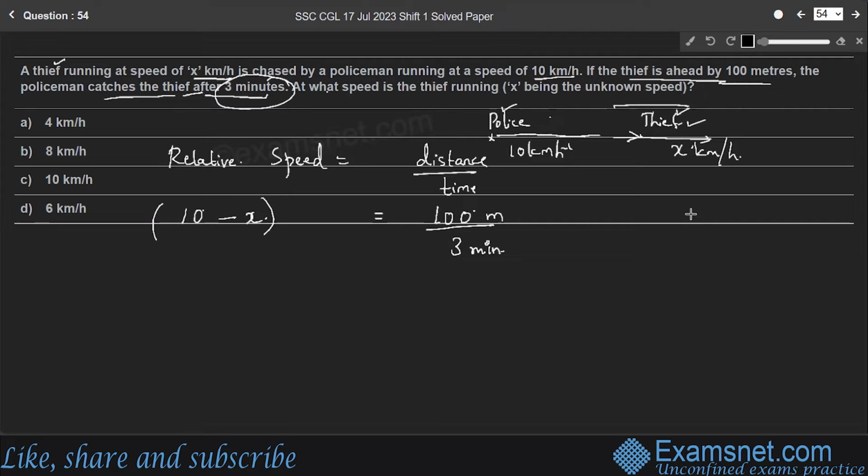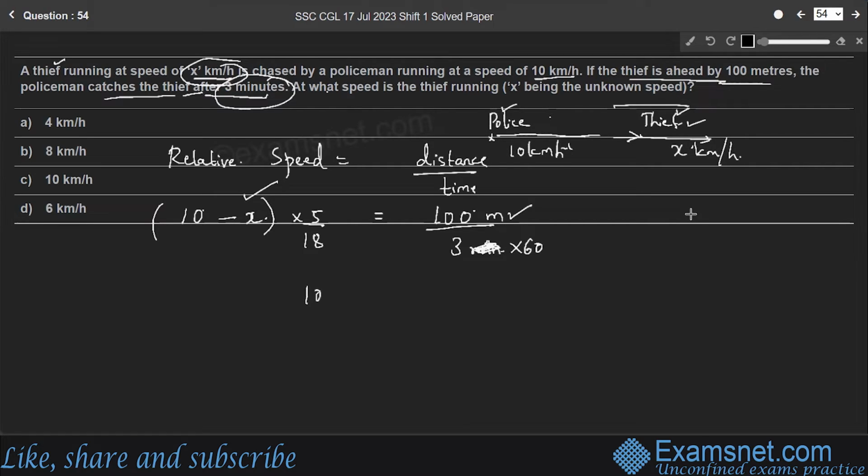Now concentrate on the units here. 10 kilometer per hour and x kilometer per hour, express these speeds in terms of meter per second. So 10 minus x into 5 by 18 gives speed in terms of meter per second. Distance is in terms of meter, time is in terms of minute, so into 60 gives seconds, 3 into 60 seconds. So simplify it, you will get the value of x.